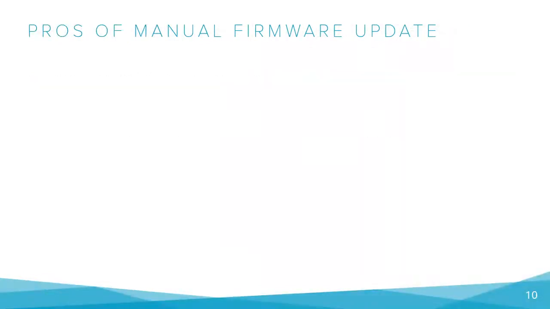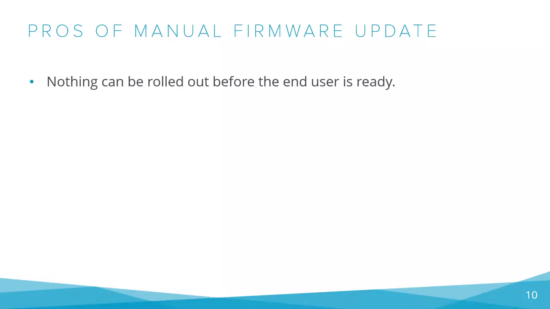Obviously, there are some pros and cons for the manual firmware update. Let's see what are the pros of manual firmware update. The most obvious benefit of manual firmware update is that nothing can be rolled out before the end user is ready. So for this, the owner or the operator who is handling the device or the customer should be ready to accept the change.